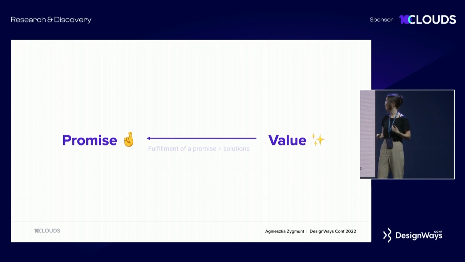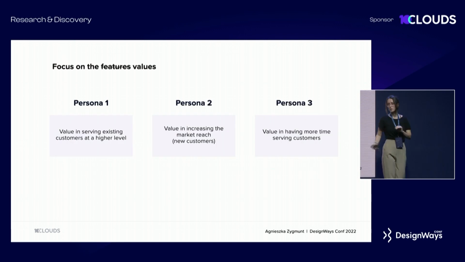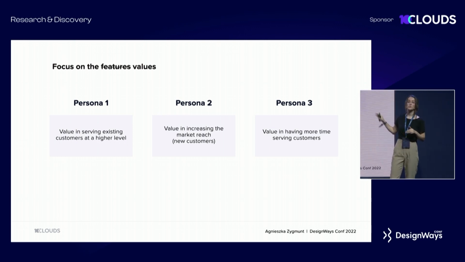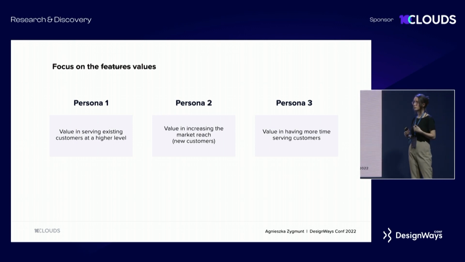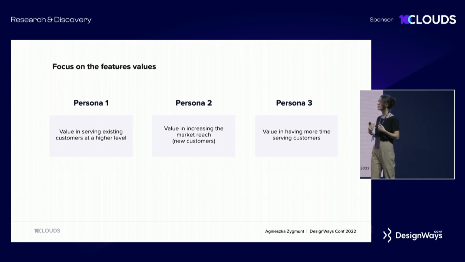And what was quite interesting here, this is only about 3 personas, there were more, but we found out that when we were focusing on the values, with these 3 different personas, we have different values. So, for example, for the first persona, the value for the advisors is that they want to have a higher level of service for existing clients.